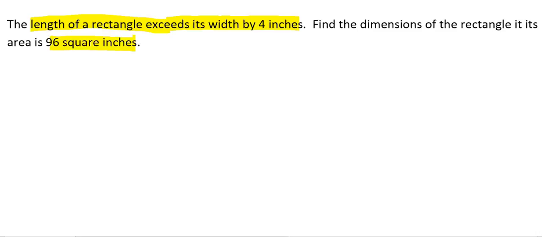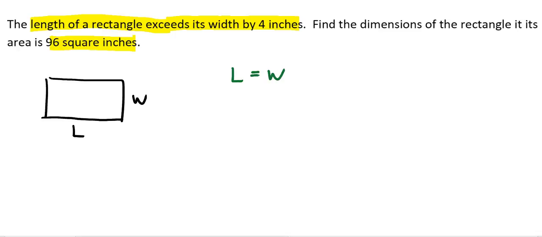Okay, so let's just draw my little rectangle here, and once I draw my picture, we'll try to create some equations. So let's just say this is the length, and that's the width. Now it says the length of the rectangle is bigger by 4 inches. If I just write length equals width, this means the length and the width are equal.